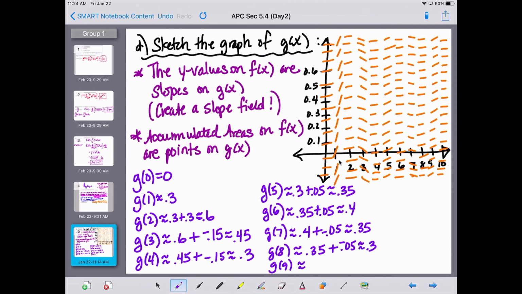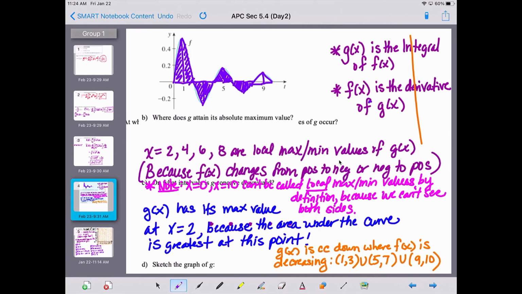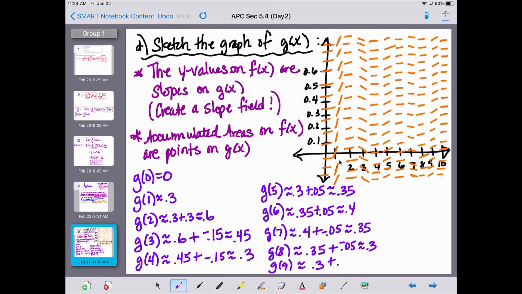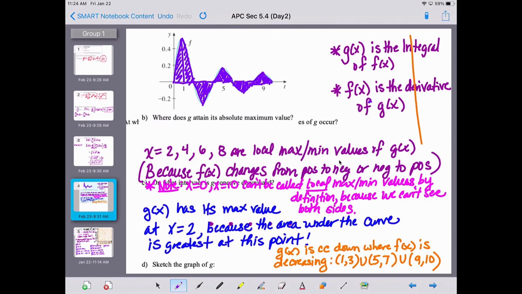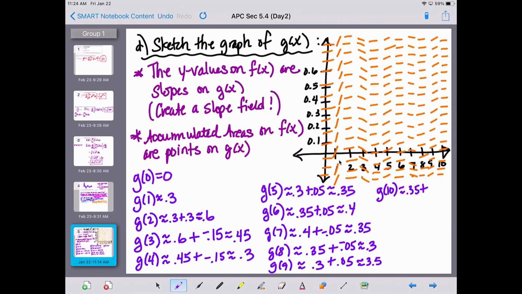G of 9, I'd be at 0.3. And now I'm adding a positive 0.05. So back to 0.35, and then finally g of 10 is going to be equal to that 0.35 plus, and I'm adding another positive 0.05 there, which gives me a value of 0.4.